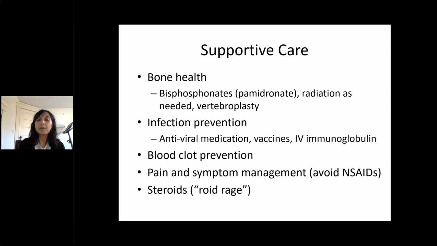Treatments like lenalidomide and pomalidomide can put people at risk for blood clots. So often our patients are on either blood thinners for other reasons, or they're on baby aspirin to try to prevent those clots.